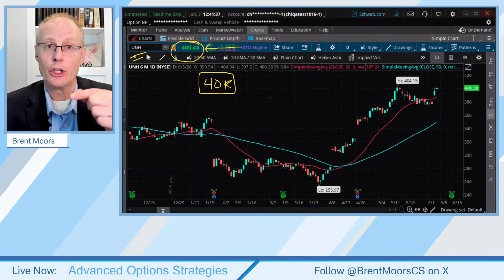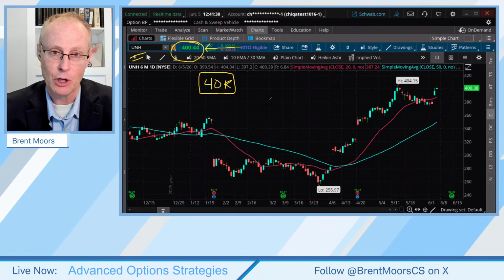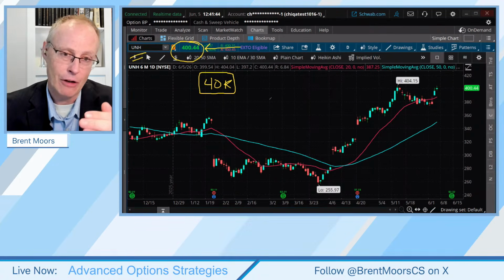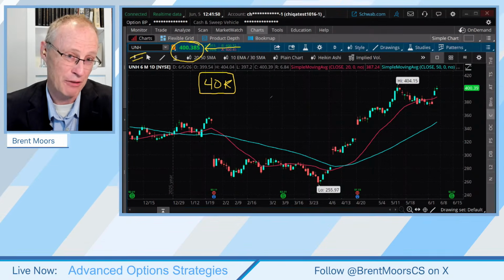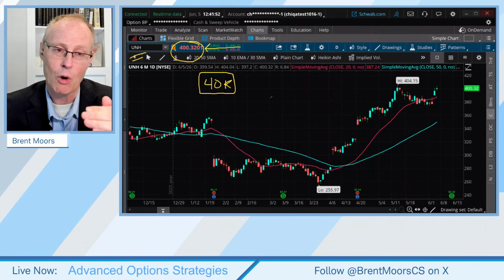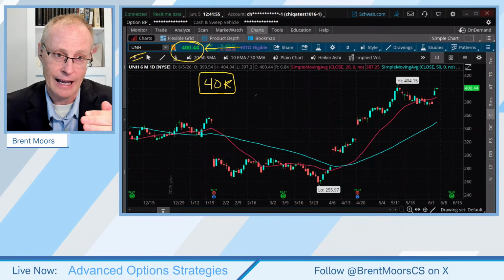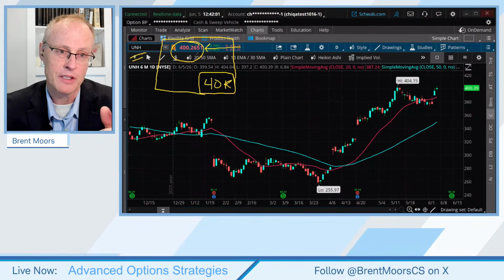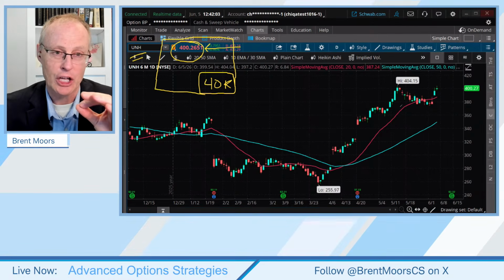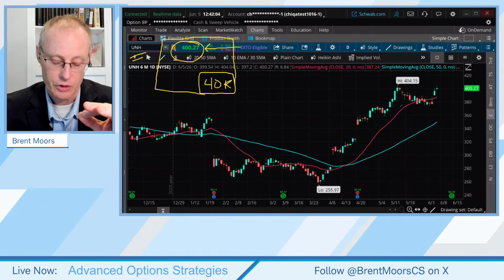Now, you need options approval to do the diagonal spread. Not only that, you need a higher level of options approval than if you were doing just a covered call. So a lot of you probably won't even be approved for this, but if you are, you may consider it on some more expensive stocks as long as you're bullish long term.